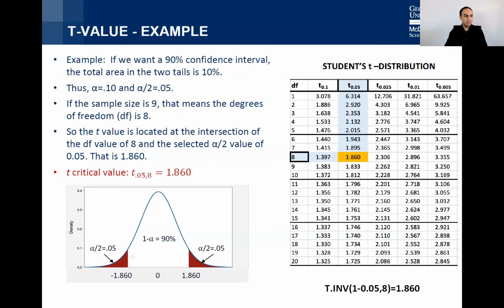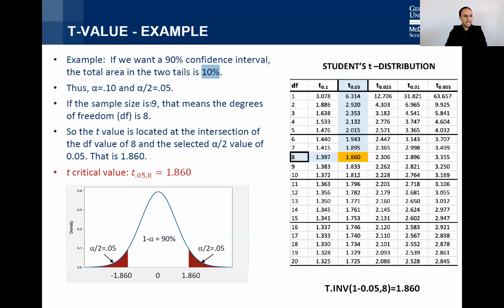Let's look at one example. If we want a 90% confidence interval, the total area in the two tails is 10%, so 1 minus 90% is 10%. That's our alpha. And if alpha is 0.1, alpha half is 0.05.